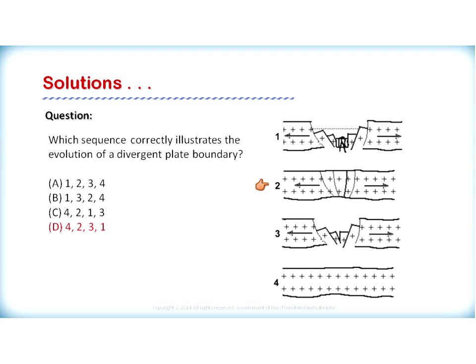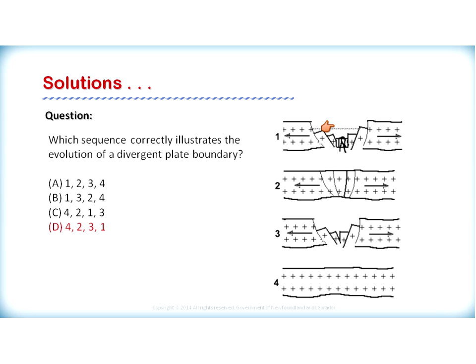So if we look at the answer, our answer to this question will be D. First we start off with diagram 4, which is continental crust. The continental crust then starts to develop fractures and rifting. These rifts start to develop into normal faults, where we see a rift valley forming as the two plates start to move apart.